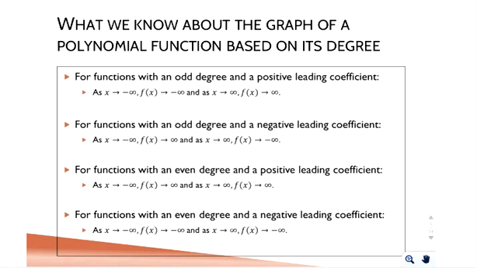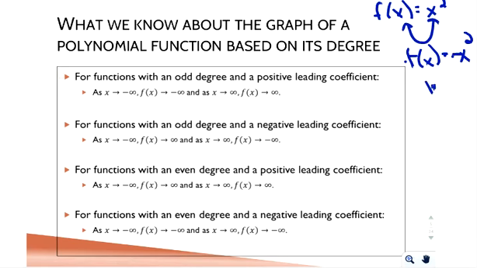Remember when we were talking about quadratics, every time we would look at the graph of something like f of x equals x squared, we would say, what does it look like? And we said it looks like a U, and it opens up. And then we said, if we put a negative in front of that x squared, what does that do to our function?